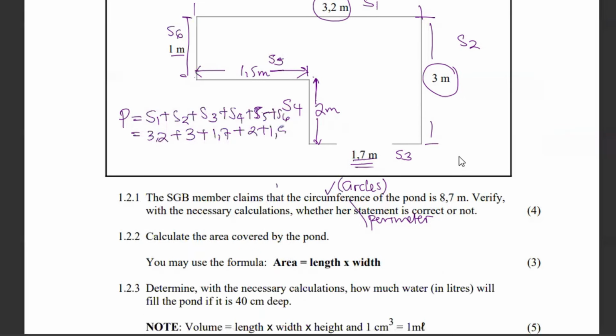And the answer becomes, wait a little bit, 12 meters. So verify that. Remember, use calculation to verify whether it's correct or wrong. So here it's incorrect. Her statement is what? Incorrect.